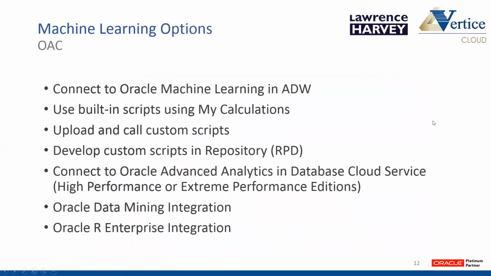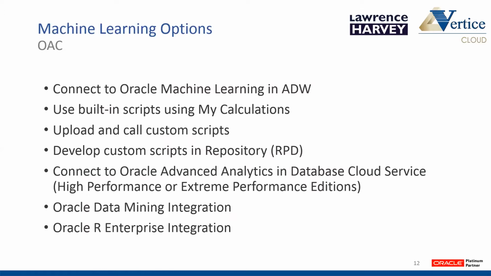There's other options for machine learning in OAC. You can connect to machine learning in ADW, which is more heavy hitting than the algorithms that are included in OAC. You can also use built-in scripts. You can upload and call custom scripts. You can develop custom scripts in the repository, which is basically your data model file that is uploaded into OAC.